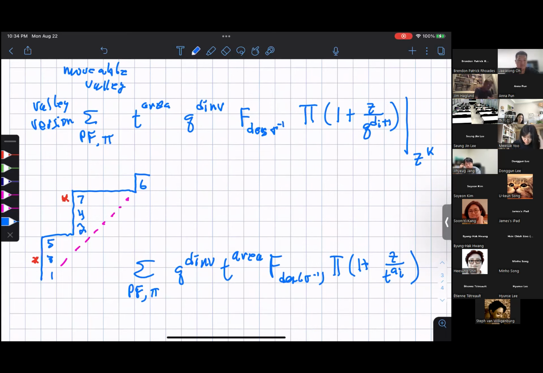And then you take the coefficient z to the k in this. And you can think of when you select a z in this product that corresponds to marking the corresponding row, and you're really removing that contribution to the area. So we call this the rise version.